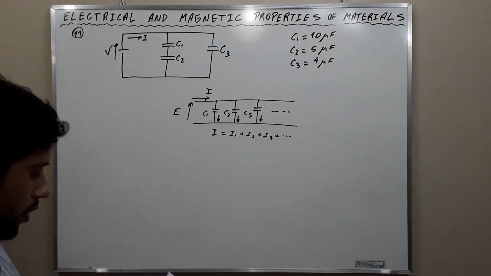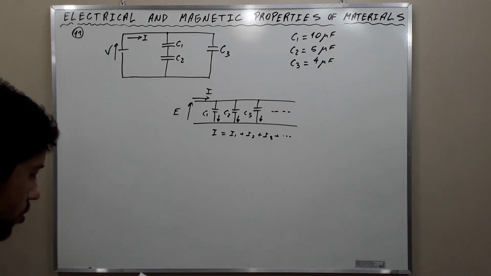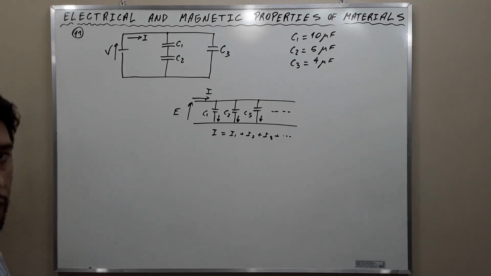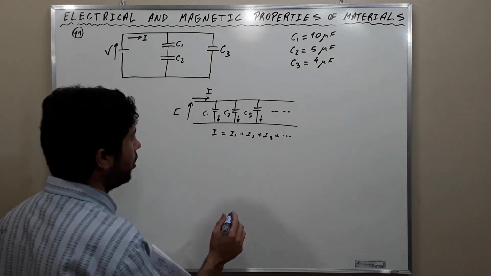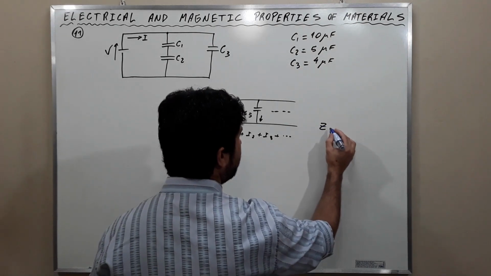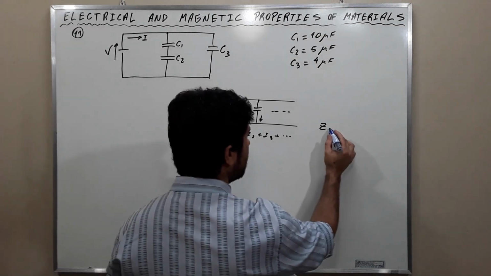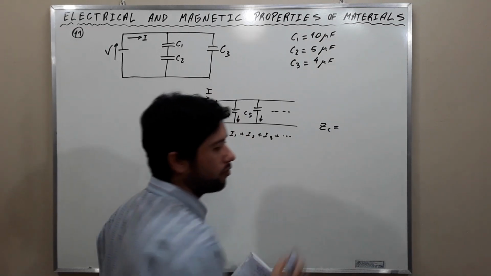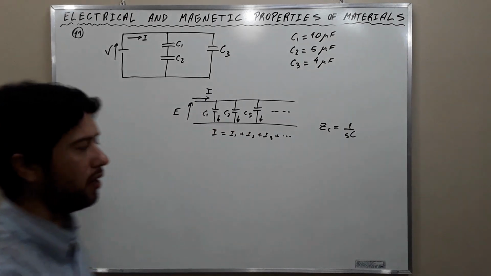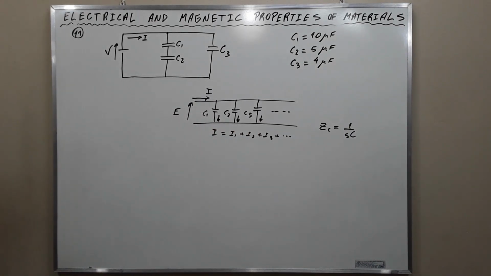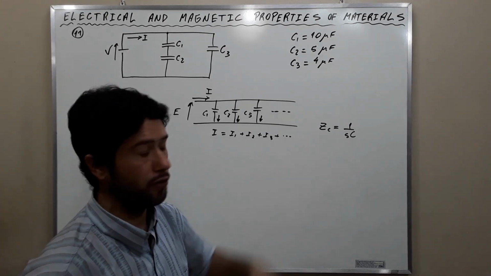Alright? We are going to use this feature to calculate the equivalent capacitance. We know that for a capacitance, the impedance in the frequency domain is 1 over SC, or the reactance if you prefer.